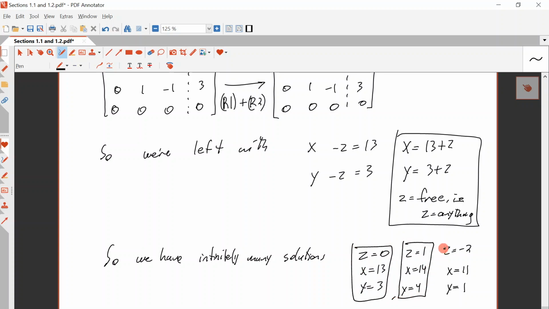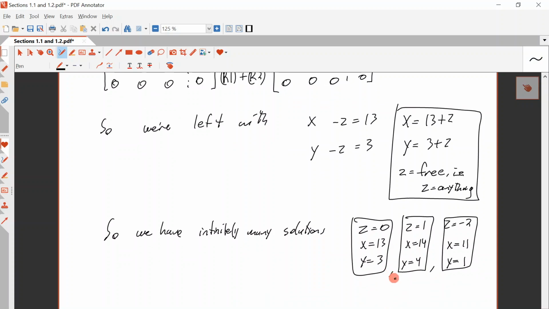Whatever number I choose for z is going to give me a new solution for x and y. And all of these solutions will satisfy that original set of equations, the original system of equations. Okay?